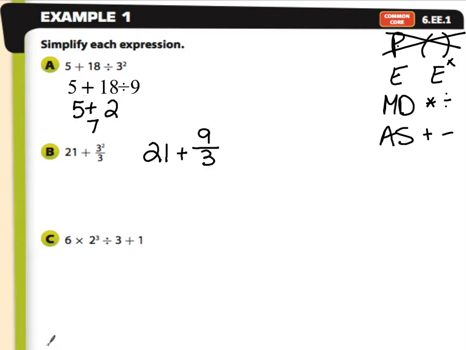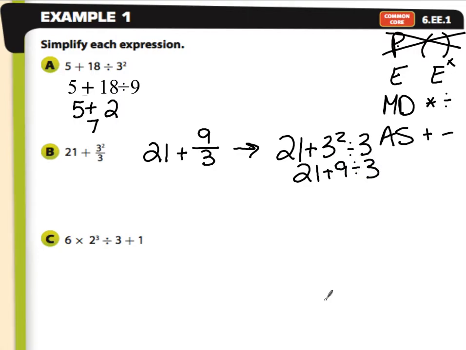Now I know sometimes leaving this in fraction form is confusing. So another way you can look at this is by writing it like this: 21 plus 3 squared divided by 3, which then would become 21 plus 9 divided by 3.